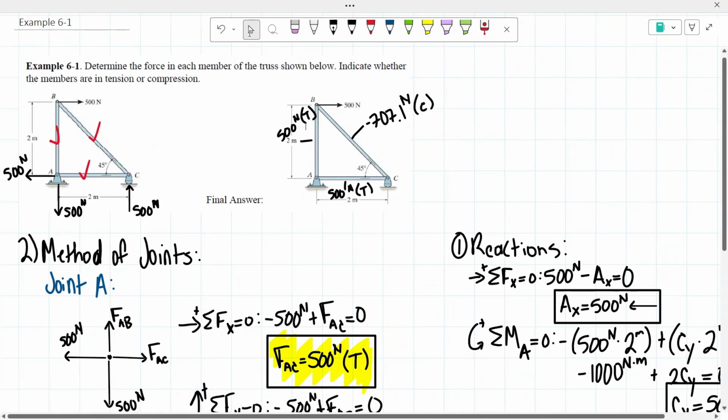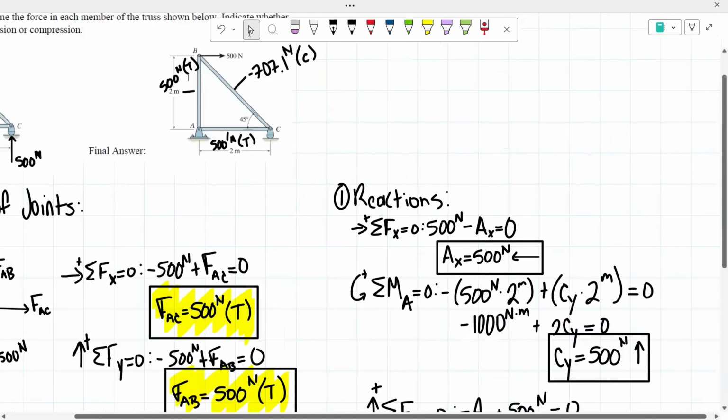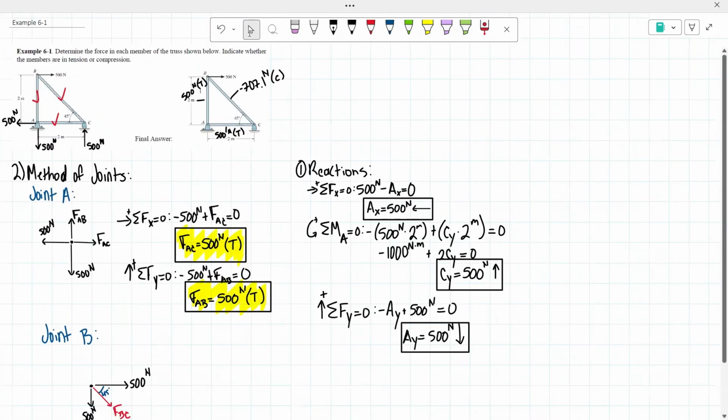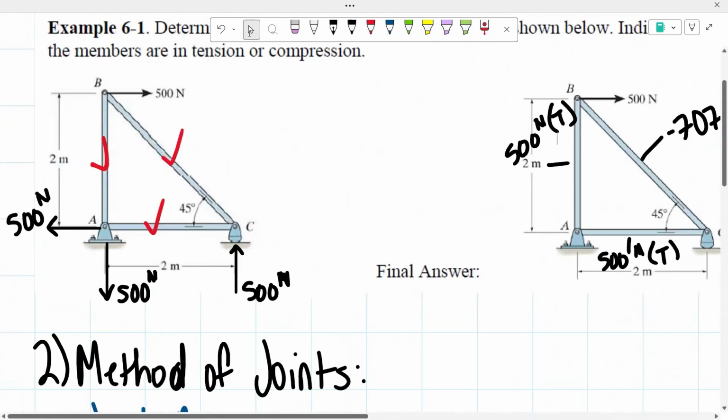So remember, the first step you want to do is determine the reactions. How many reactions do we have in this figure? And then you're going to solve for them. Once you have solved for all the reactions, then you're going to be using the method of joints. Remember, you just want to do that quick scan: which joint has no more than 2 unknown forces, and which one would be easier for me to work with?